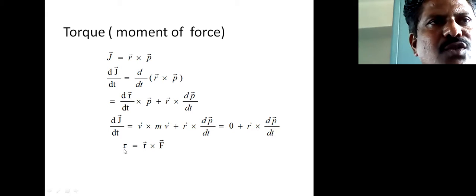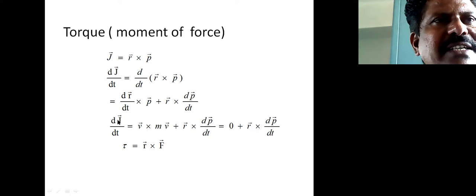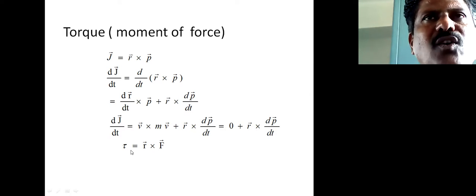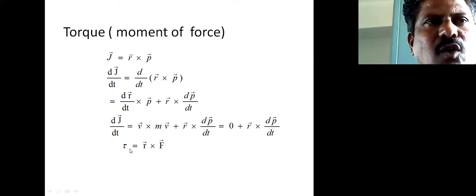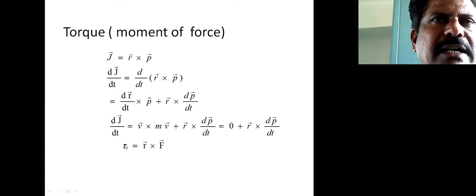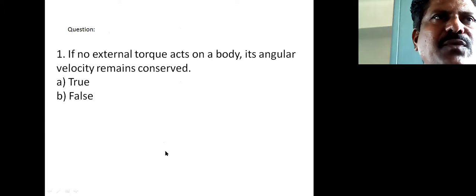Therefore, dJ by dt is represented by a term called torque, denoted by the symbol tau, which is equal to r cross dp by dt.